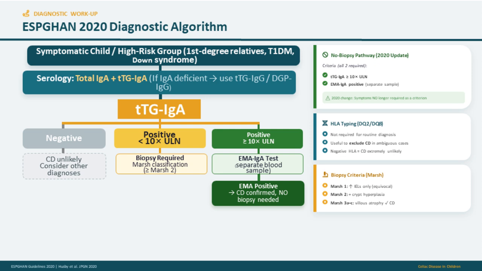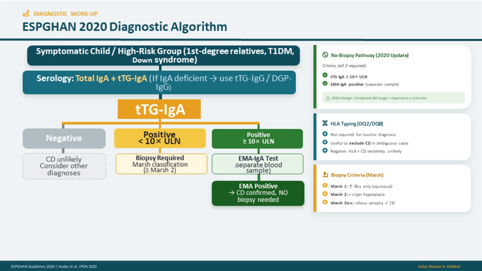Now, if you've done a TTG-IgA and it's negative, then it's unlikely to be celiac, provided your total IgA is normal. If your TTG-IgA is positive but less than 10 times the upper limit of normal, you will need an endoscopic upper GI biopsy, and you will have to do the Marsh classification.